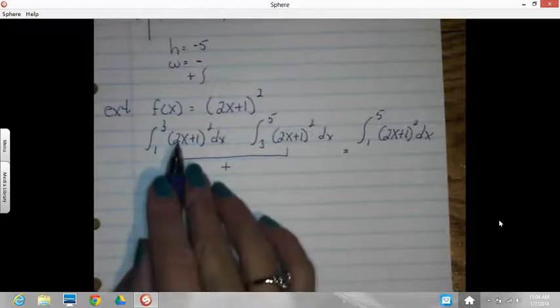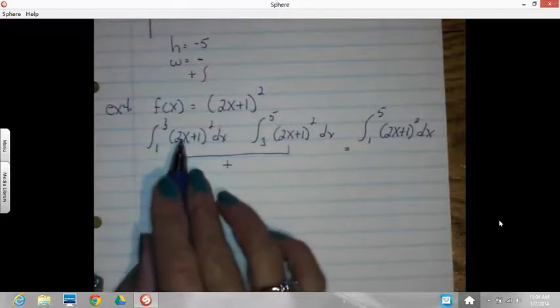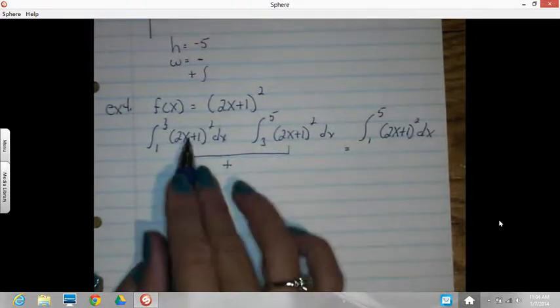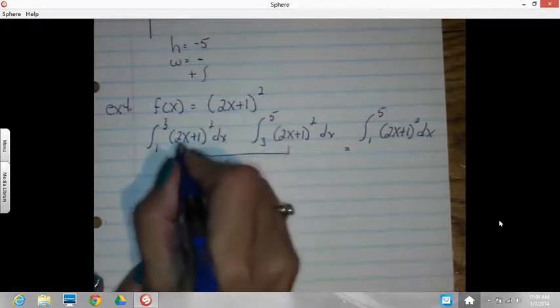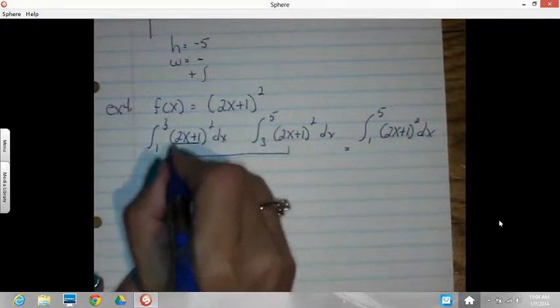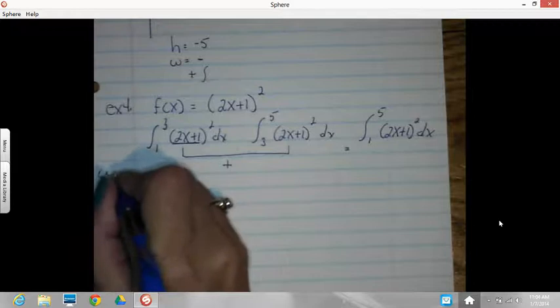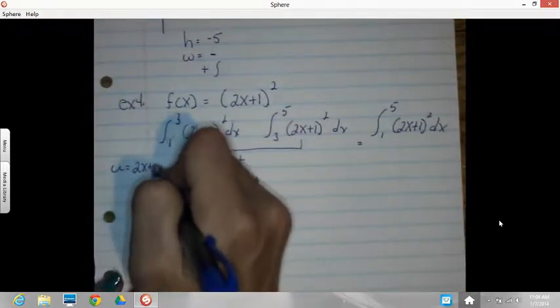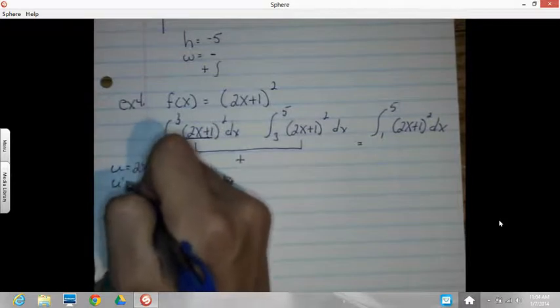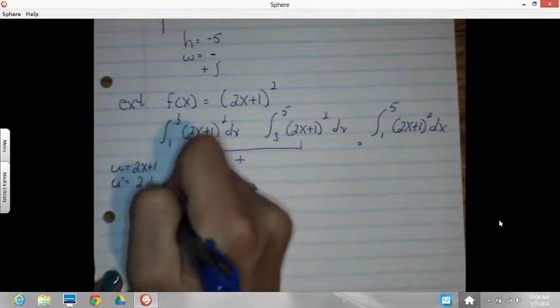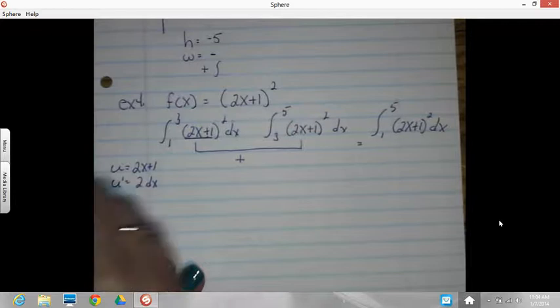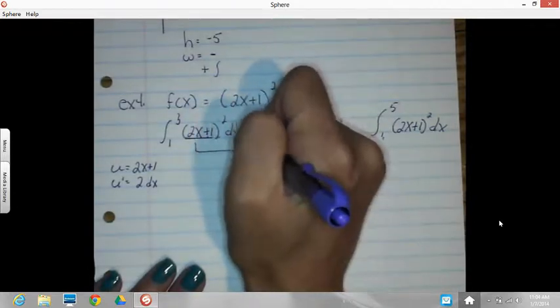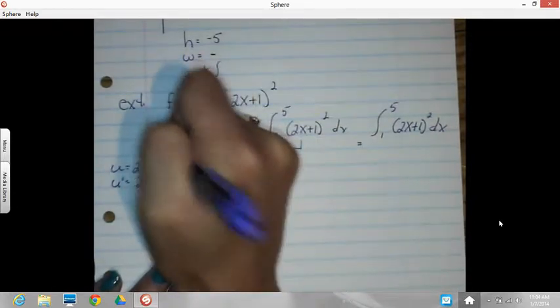All right, integrating this. I only have to integrate once because it's the same function. Because this is a 2 out here, we do have an inside. So the inside is 2x plus 1. The derivative of the inside is a 2. So that tells me I need a 2 next to the dx, which means I need a 1/2 out in front before I can do my power rule.